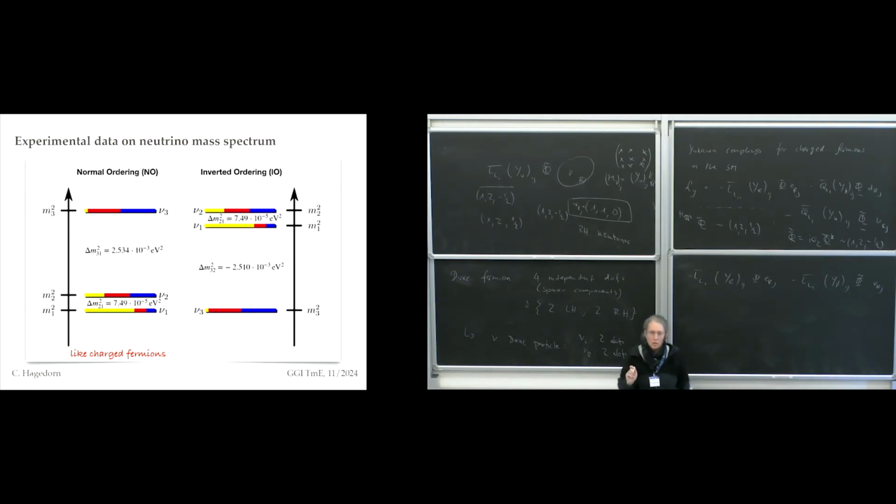Now we come to a very important concept which we always use, which is extremely helpful in describing many features of nature: symmetries. We want to talk about symmetries which this Lagrangian has, beyond the Standard Model gauge group, which is SU(3) color, SU(2) left, U(1) hypercharge.